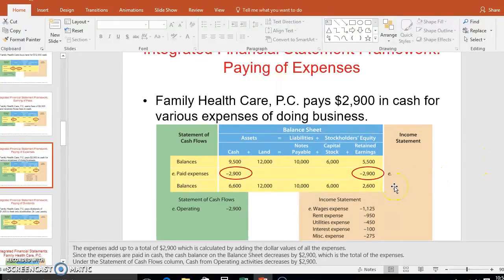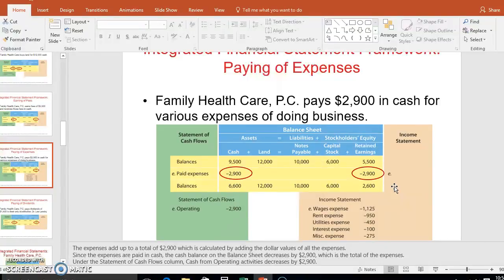Let's take a look at the next one. They paid $2,900 in cash for various expenses. And I kind of wish they had broken this out into what those expenses were, but that's okay. We'll just move on. So let's talk about what happened. What happened to your bank account? Your bank account went down $2,900. Cash is an asset, so your asset decreased by $2,900.